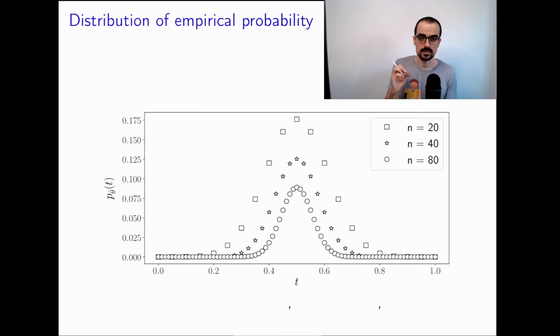Here I've plotted that distribution for theta true equal to 1/2, which is the fair coin assumption. And I've plotted it for different numbers of coin flips, because intuitively, if you have more coin flips, you should approximate the probability better, one would think. And we're going to see whether that's the case or not. The squares are the distribution where you have n coin flips, the stars are the distribution where you have 40, and the circles are the distribution where you have 80.